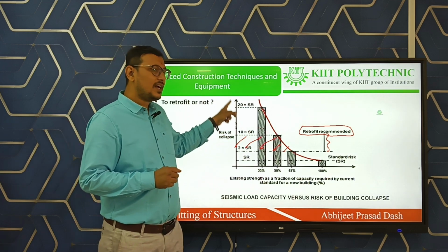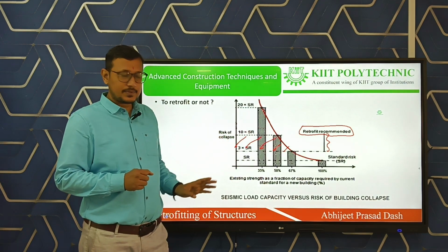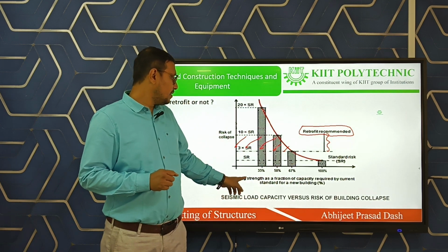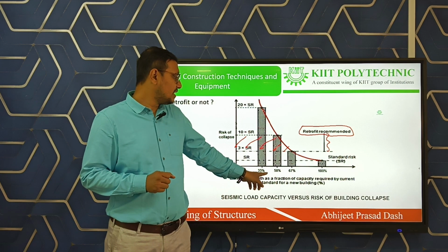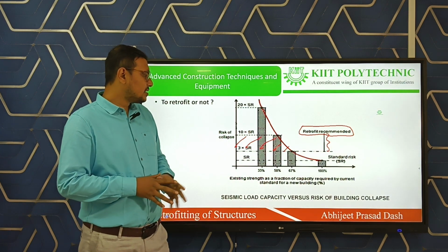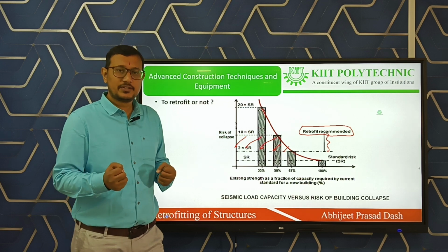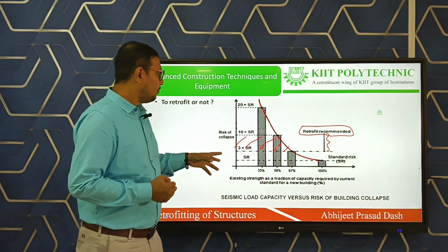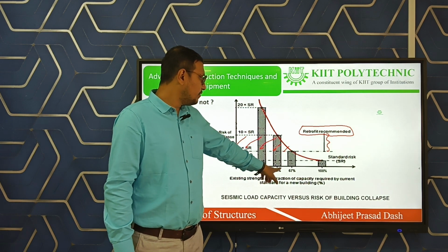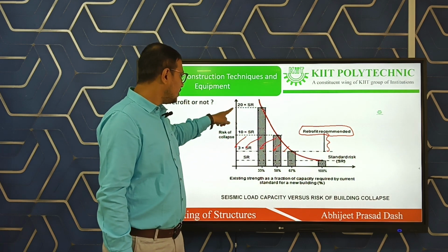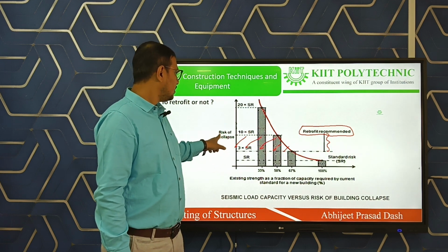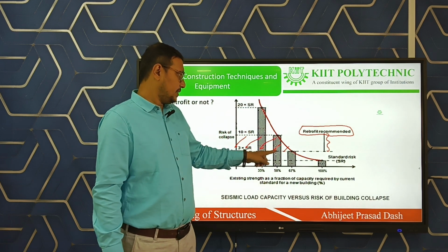So we take the y-axis as the risk of collapse, and the x-axis as the existing strength as a fraction of capacity required by current standard for a new building, in percentage. Now you see the percentage is increasing and the collapse risk factor is decreasing.